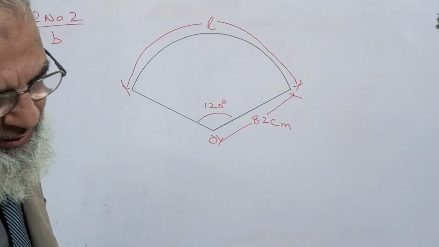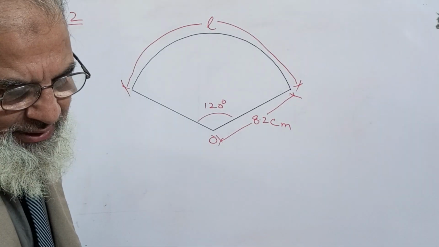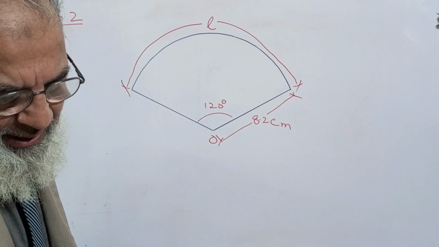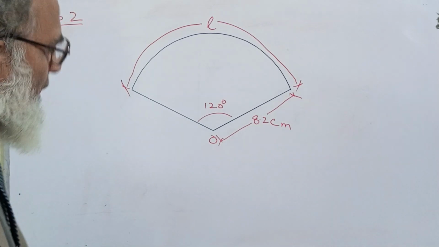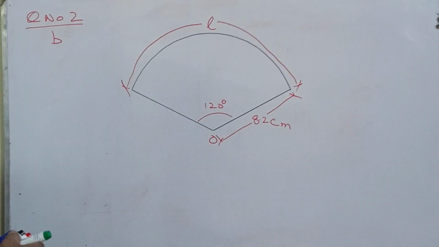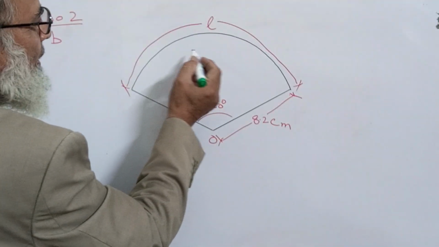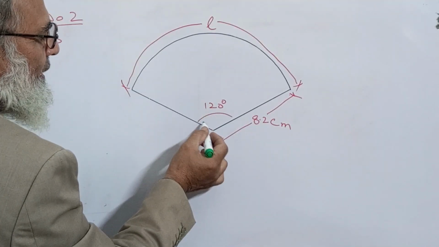What we have to find is the area of the colored region and the arc length L in each of the following regions. Now, what is the colored area in this? This whole is the colored area, okay?